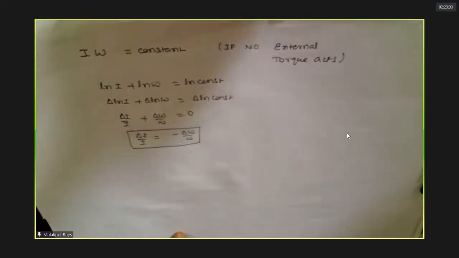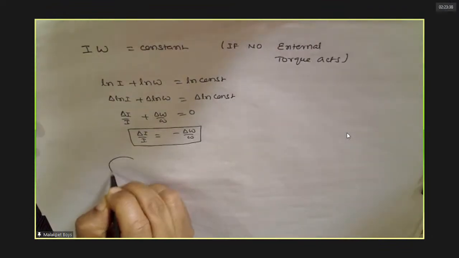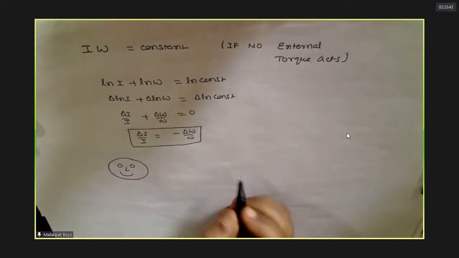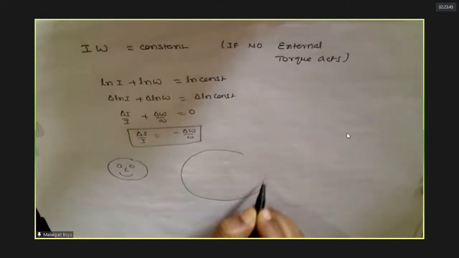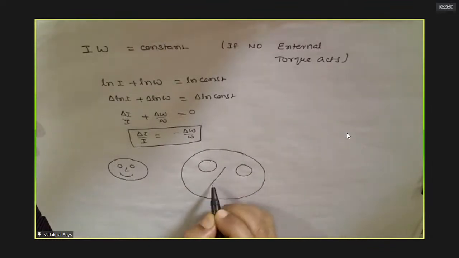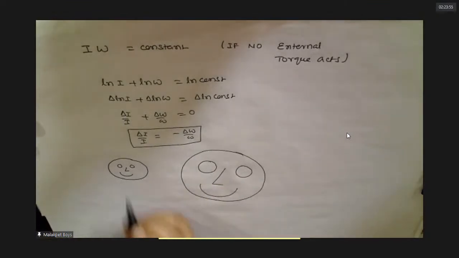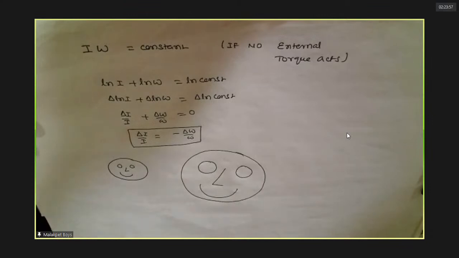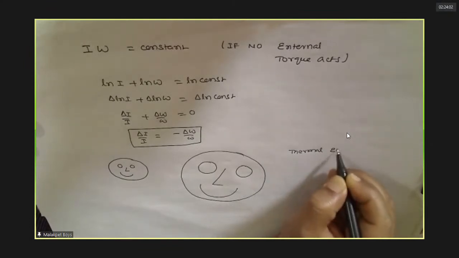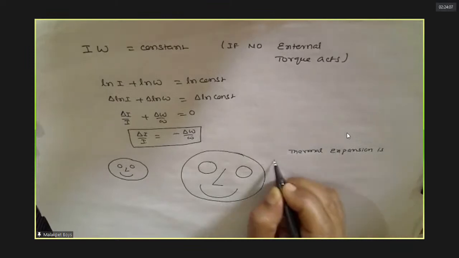The next aspect of this is, see, you have seen that your photo is there. When you give it for enlargement, what will happen? Everything will be expanding, no? You won't have contraction there. So we can say thermal expansion is similar to what?